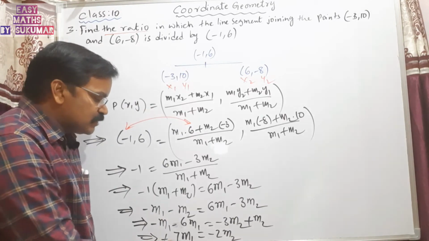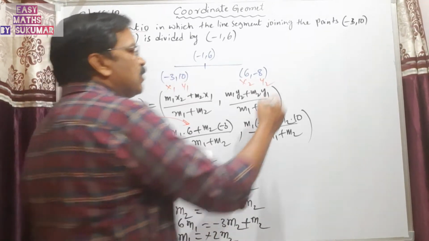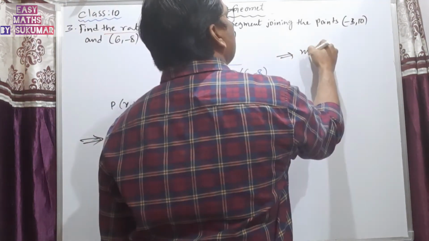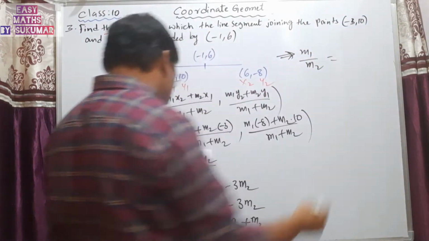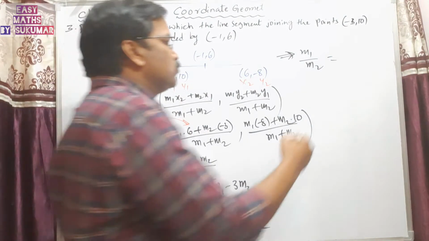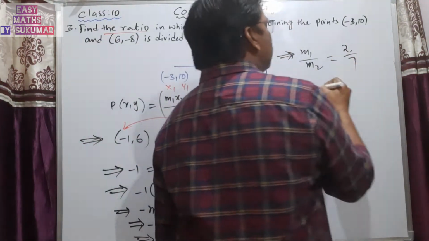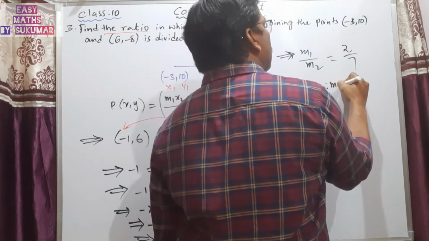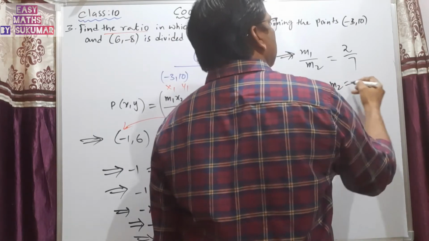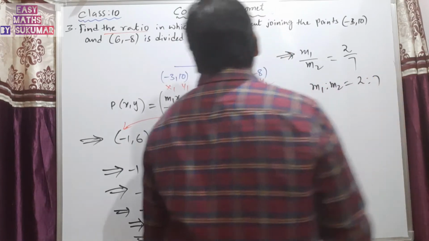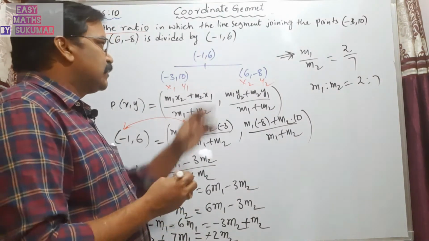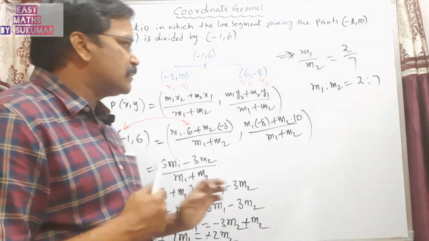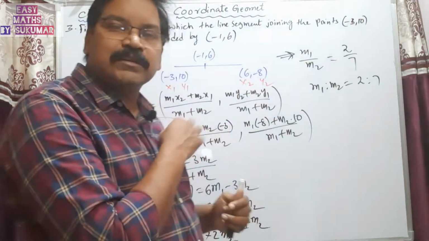Now we can cancel this minus on both sides. This implies m1 by m2 is equal to 2 by 7. That means the line segment joining minus 3 comma 10 and 6 comma minus 8 is divided by the point minus 1 comma 6 in the ratio 2:7. Okay.